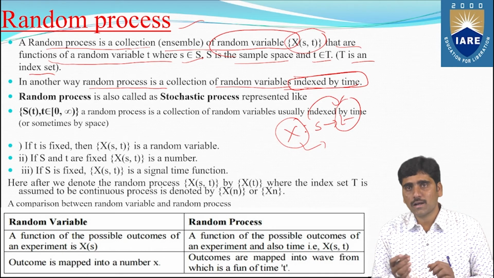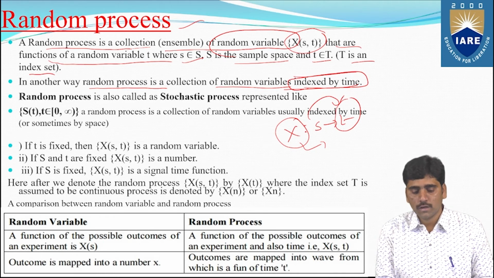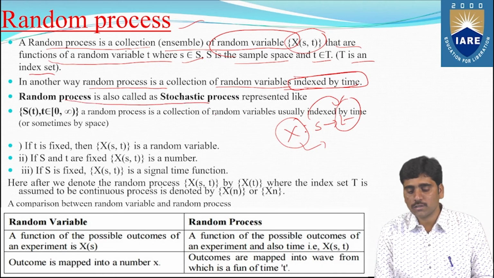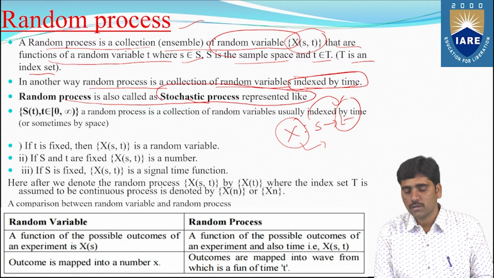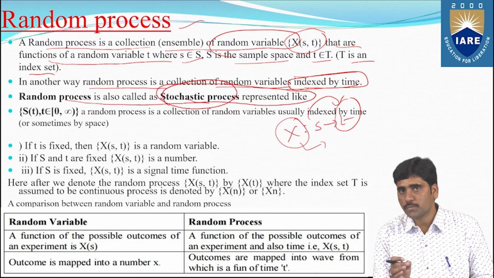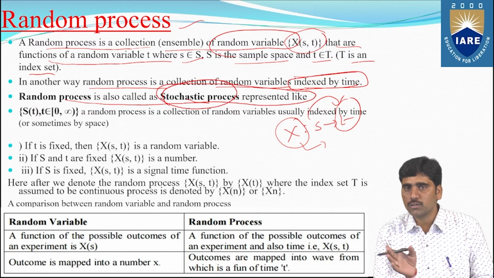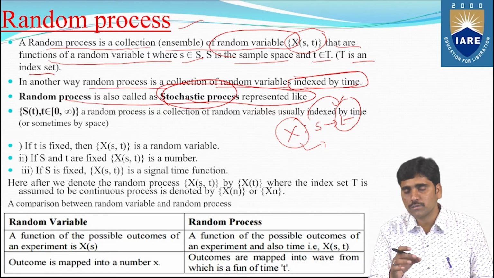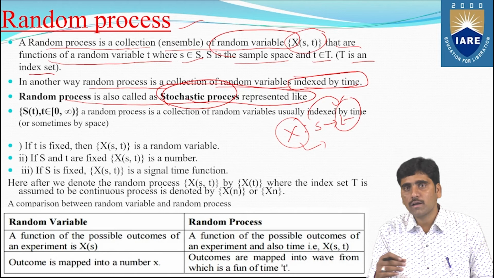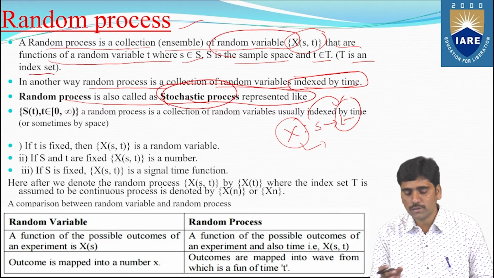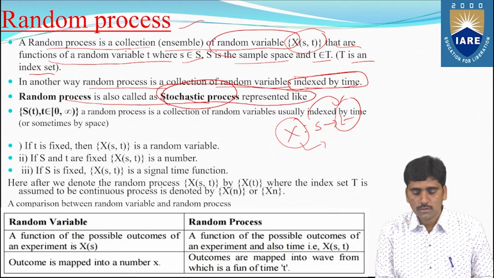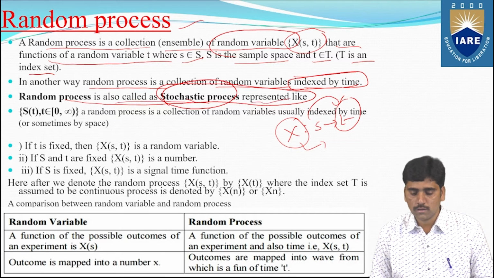Based on the time, the random variables hold that process, or hold those values. A random process is also called a stochastic process. Stochastic is the continuation of selecting random directions, so you can say it is a process.